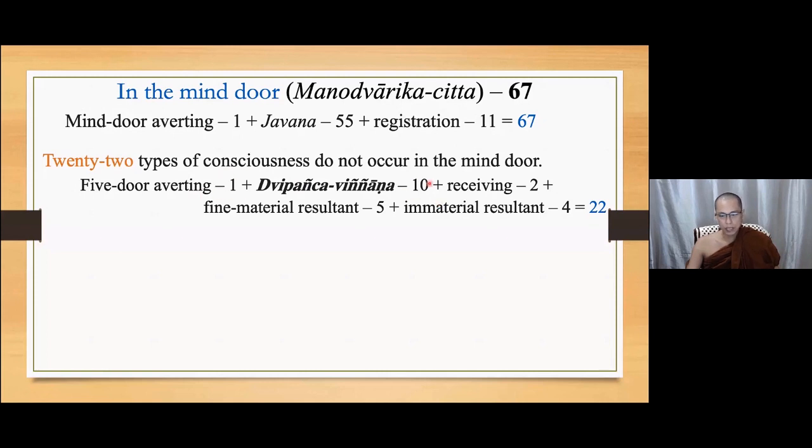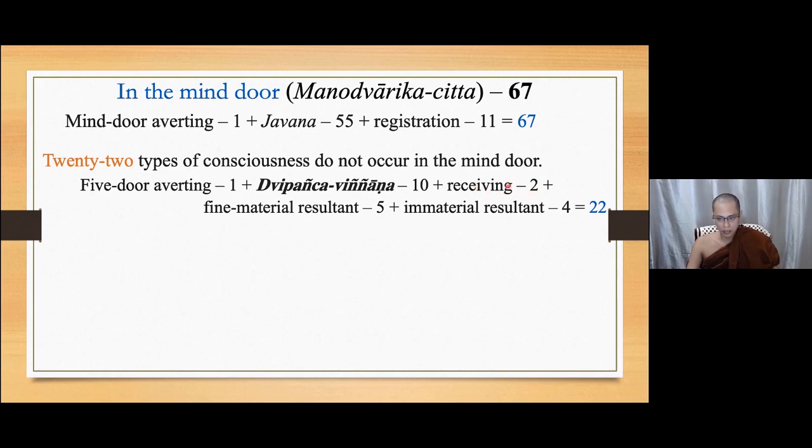And the dvipancha vinnana, the double five-sense consciousness, arise only in their respective door. So eye consciousness arises only in the eye door. They never arise in the mind door. That's why dvipancha vinnana and receiving. The receiving follows the dvipancha vinnana because the receiving function is needed only in the five-door process.